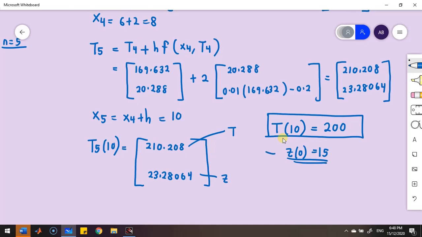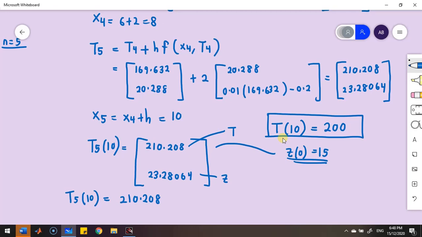What do I get? I get T10 is 210.208. It's bigger. It's slightly higher than the condition given. Okay, so what do you need? You need to adjust. I need to adjust the choice of my initial Z.